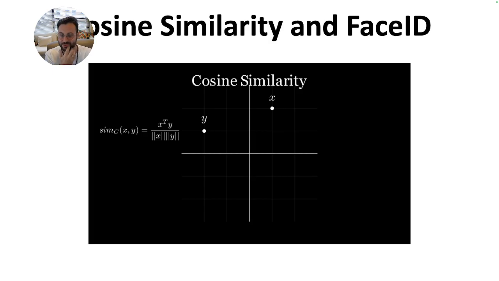Particularly, I used cosine similarity in FaceID, but right now, which I will cover in the lecture, it is mostly used in large language models for RAG, retrieval augmented generation systems, where we very quickly find the relevant parts of a query or a question posed to a chatbot from a huge set of texts and get it as context to answer the question.